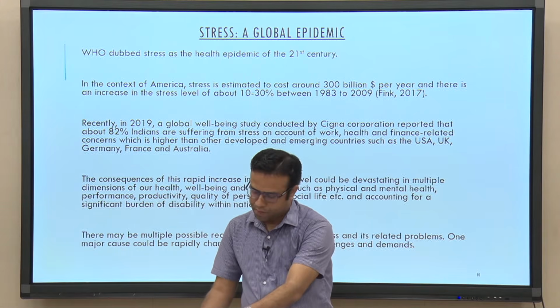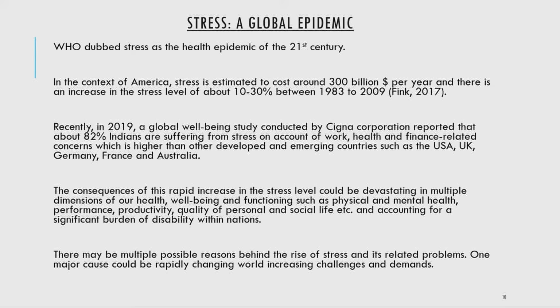There are many staggering statistics available on rising stress and its implications in various countries. I will just discuss a few of them. One is, in the context of America, stress is estimated to cost around $300 billion per year, and there was an increase in the stress level of about 10 to 30% between 1983 and 2009.